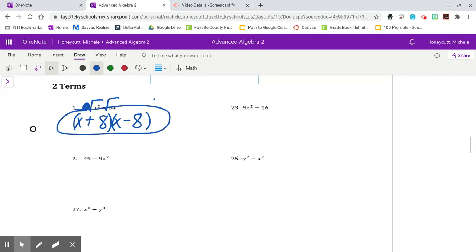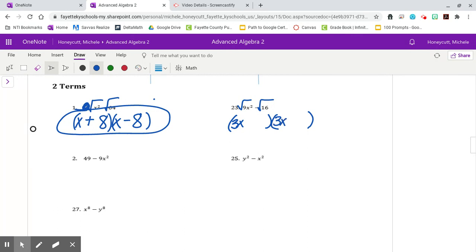And then if you go to the one right beside it, 9x squared minus 16. Oh, look, those are both perfect squares. So I'm going to take the square root of each. There's no greatest common factor between 9 and 16. The square root of 9x squared is 3x, because 3x times 3x is 9x squared.